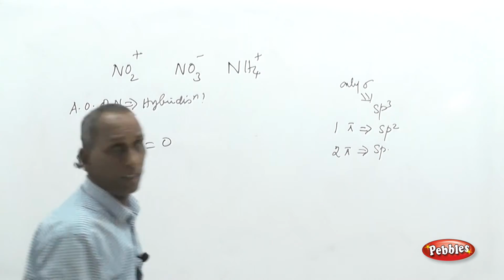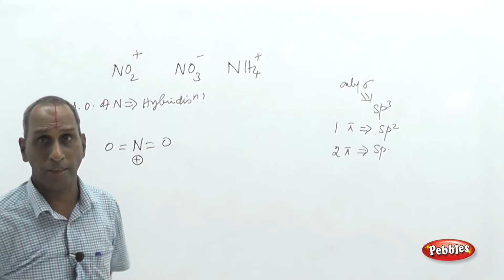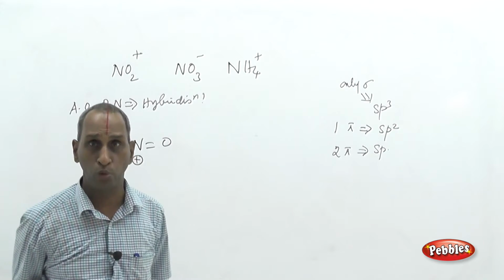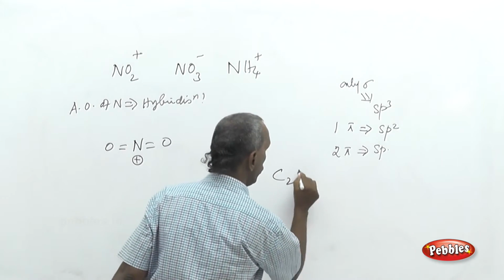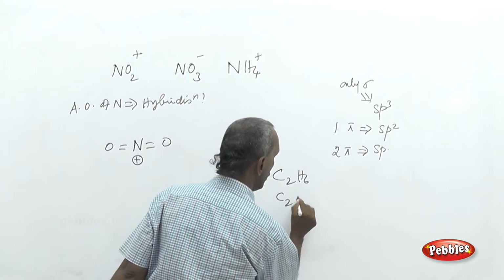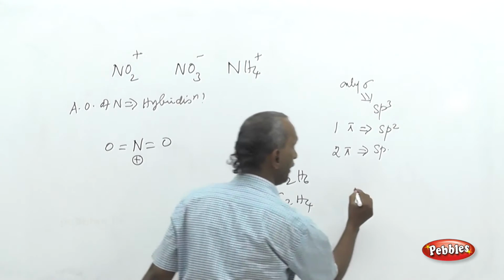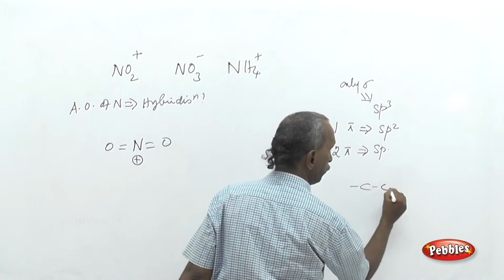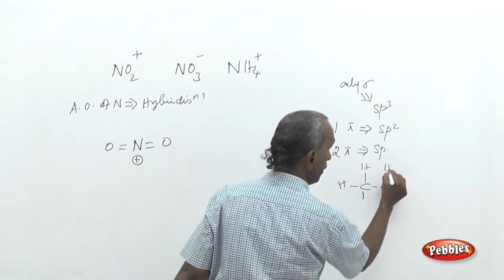This we have seen in alkanes, alkenes, alkynes. Alkanes are CnH2n plus 2. We have already discussed these structures: C2H6, C2H4 and C2H2. C2H6 is ethane, its structure is fully single bonds, CH3, CH3.